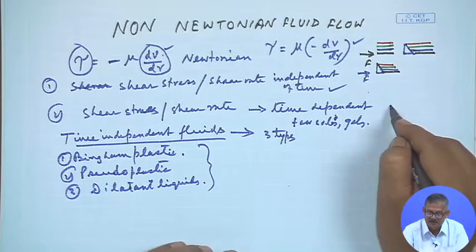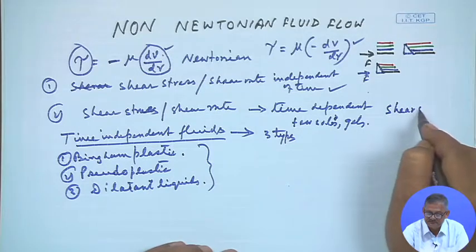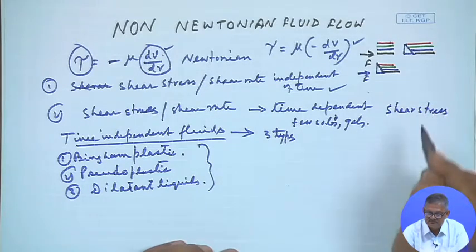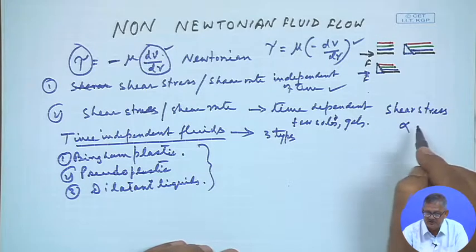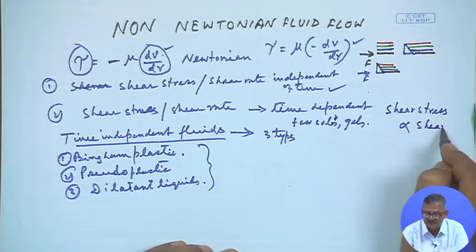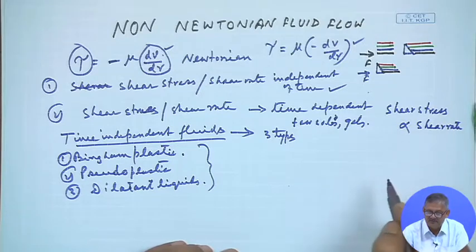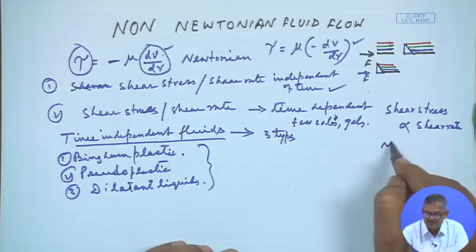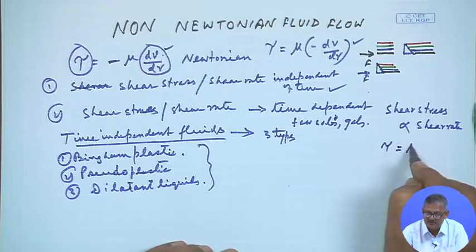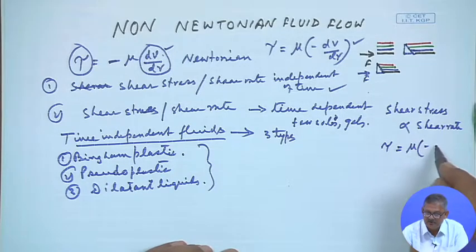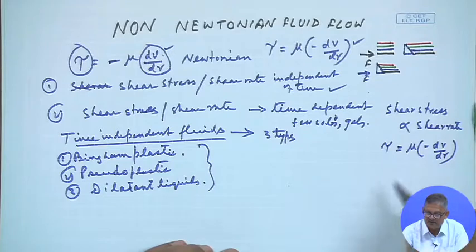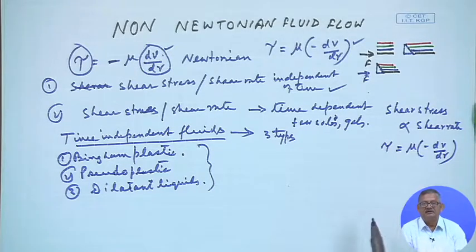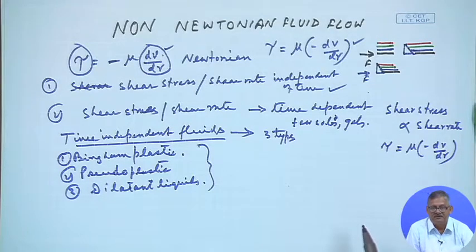So, we said shear stress is proportional to shear rate, right, and this we said to be equal to a proportionality constant mu times minus dV/dr, and we also said that the negative term implies that as the shear stress is increasing, shear rate is decreasing, right.